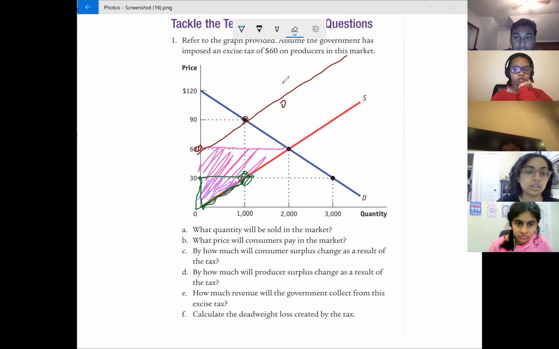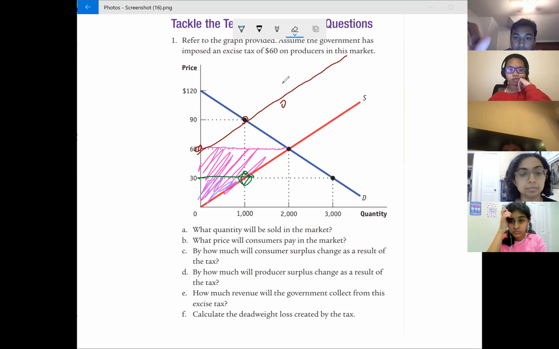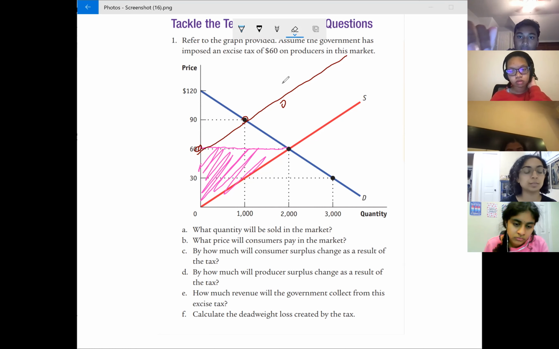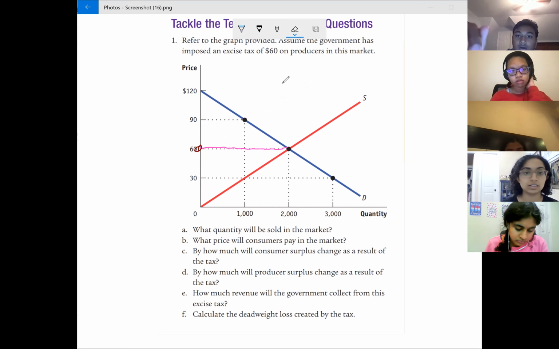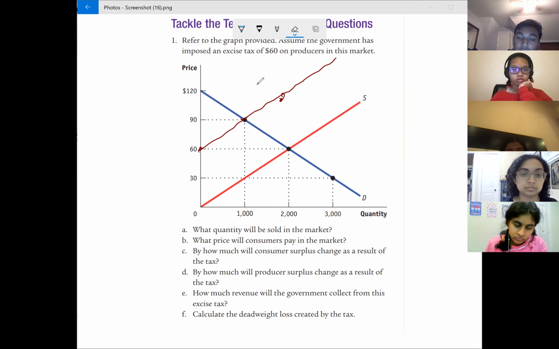Wait, Paarth, can you quickly go over why it's that triangle that's producer surplus? Because I think I know, but I'm not sure. Okay, so whenever you have your excise tax of $60, this is my new line. So the place where producers and consumers are going to pay in this market is right here, right? Does that part make sense to you? Yeah, that makes sense.